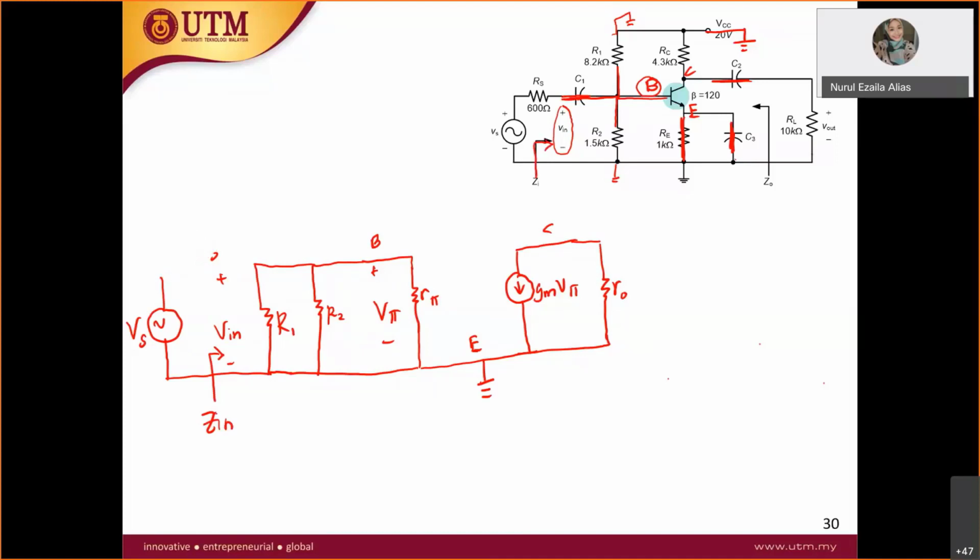If you don't want to get confused, you might draw your RS a little bit back there near the VS. So that's how you draw it. So this is the input part of your AC equivalent circuit.